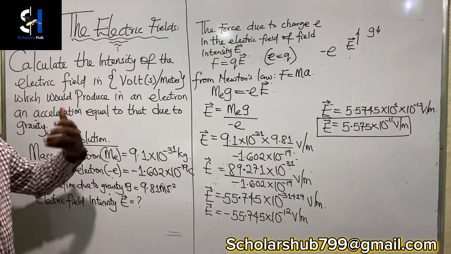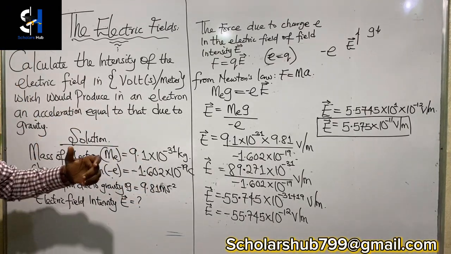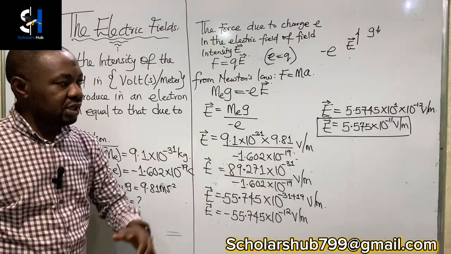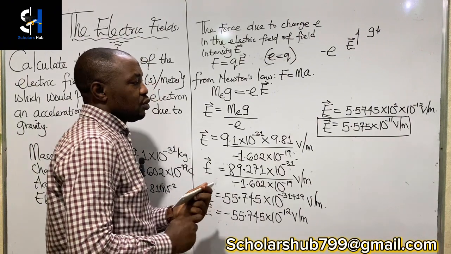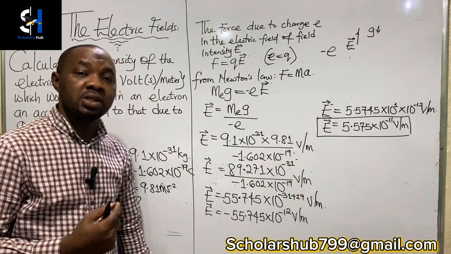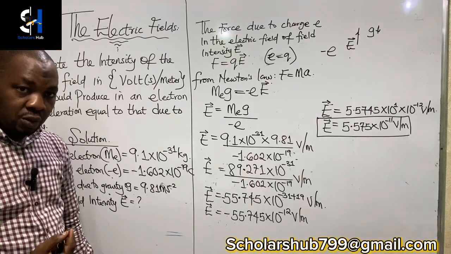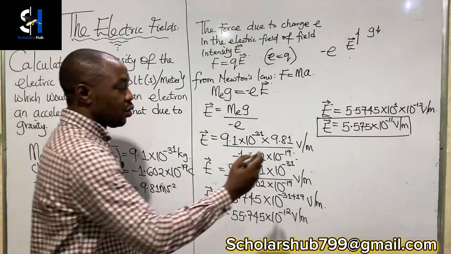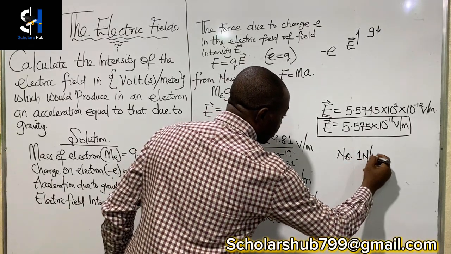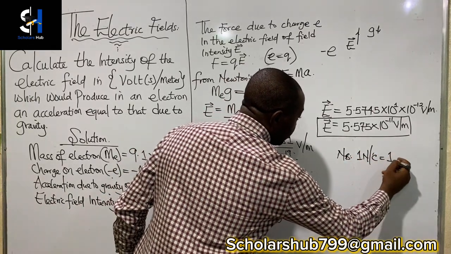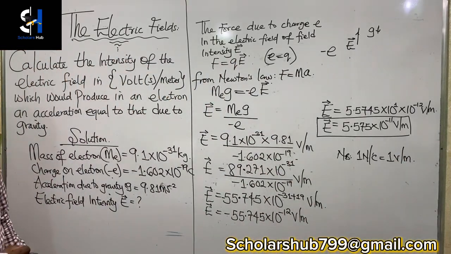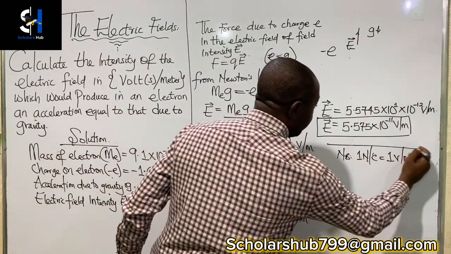which will produce in an electron an acceleration equal to that due to gravity. Now, don't forget that we can have the unit of electric field intensity to be Newton per coulomb or volt per meter, because 1 Newton per coulomb is the same thing as 1 volt per meter.